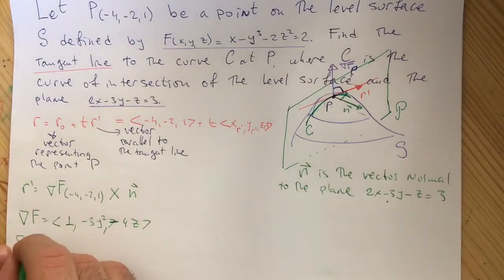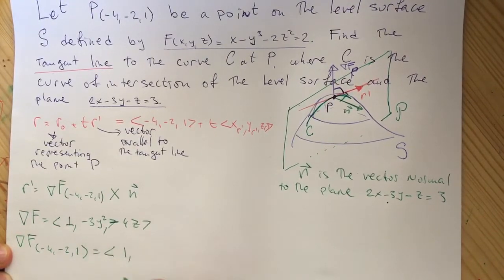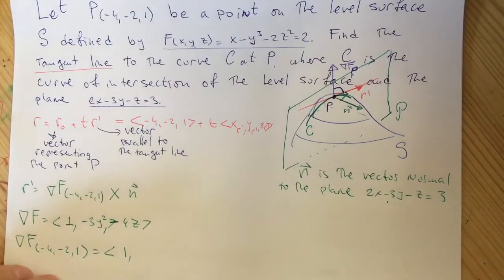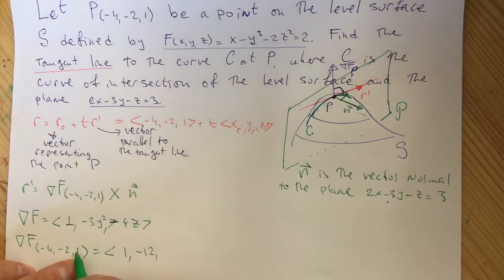Now if I evaluate this at the point -4, -2, 1, I will simply get the vector 1, -2 squared is 4, 4 times -3 is -12, and 1 times -4 is -4.